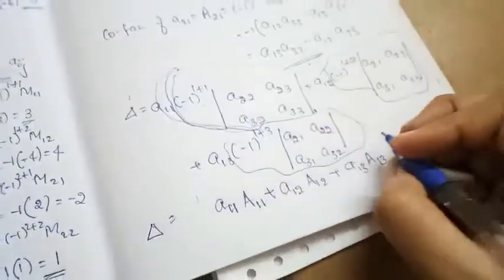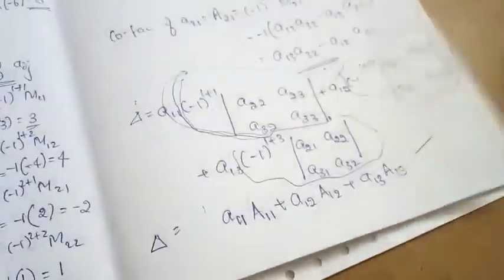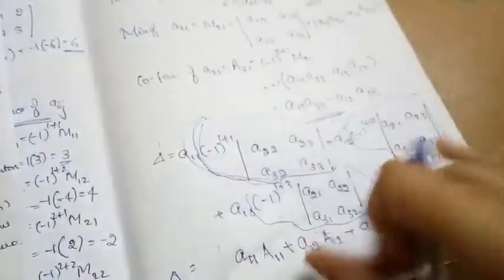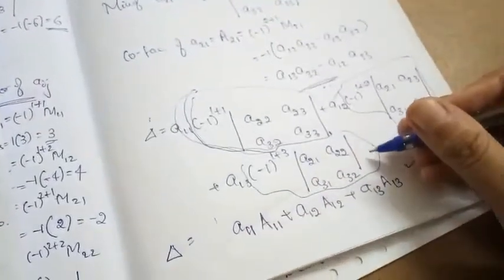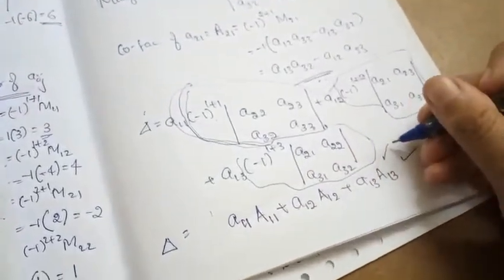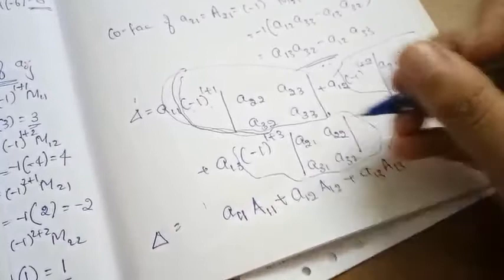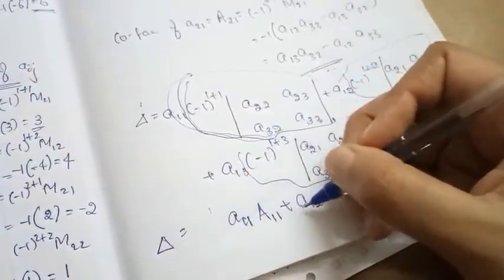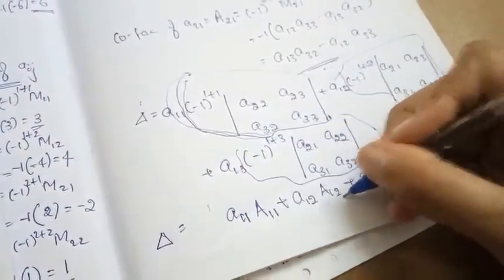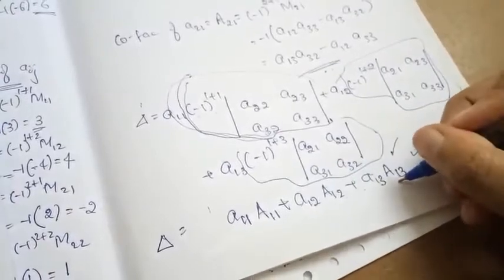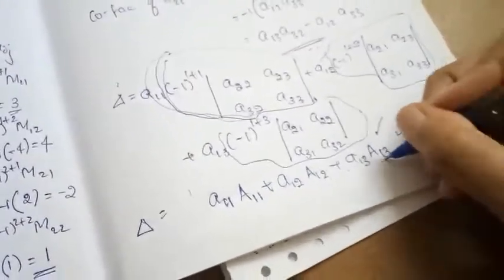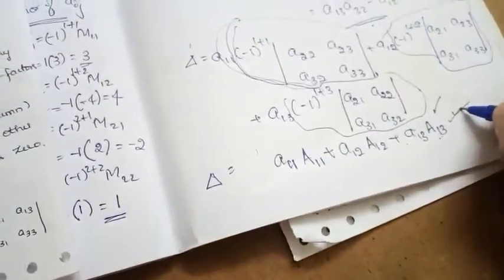So the determinant value is also obtained. That is nothing but what we have learned till now, the determinant expansion. It is linked to the definition of a cofactor, that is A11 into cofactor A11 plus A12 into cofactor A12 plus A13 into cofactor A13.